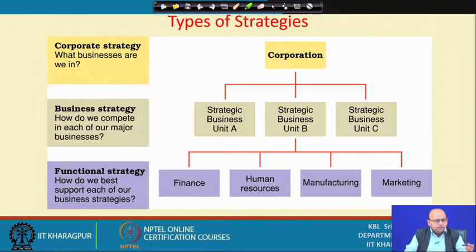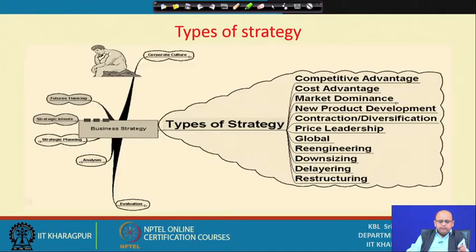So, here we have talked about different kinds of strategy, and what we have presented here is a hierarchy of strategy, that is, at the corporate level, then the business level, and also the function at the department level.